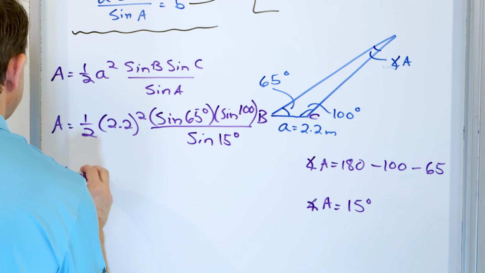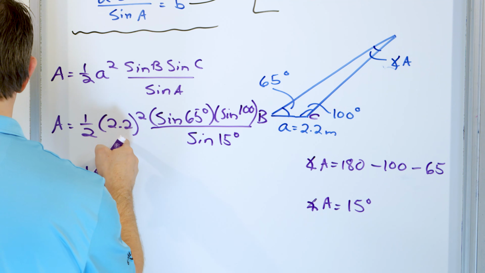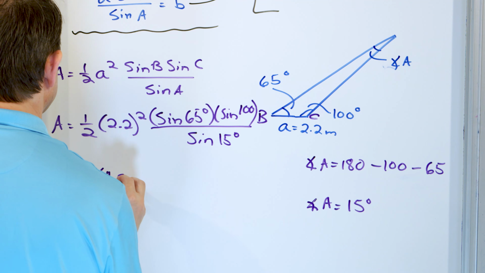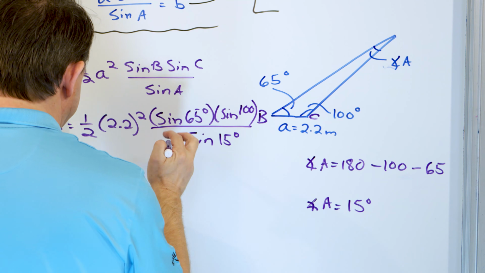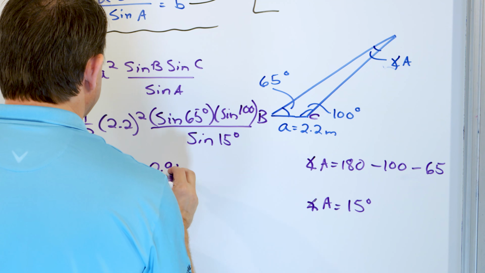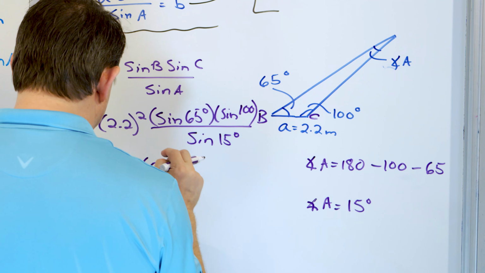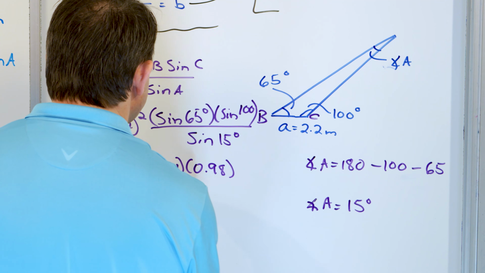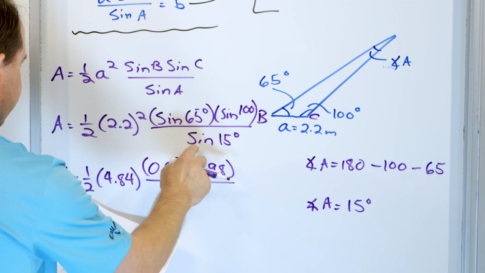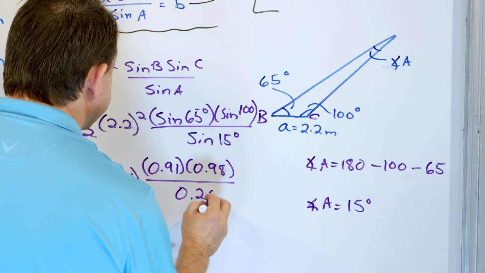So the area is 1/2. 2.2 squared works out to be 4.84. On the top of this fraction, the sine of 65 degrees, you get 0.91. Sine of 100 degrees works out to 0.98. And then on the bottom of this fraction, sine of 15 degrees, which is 0.26.